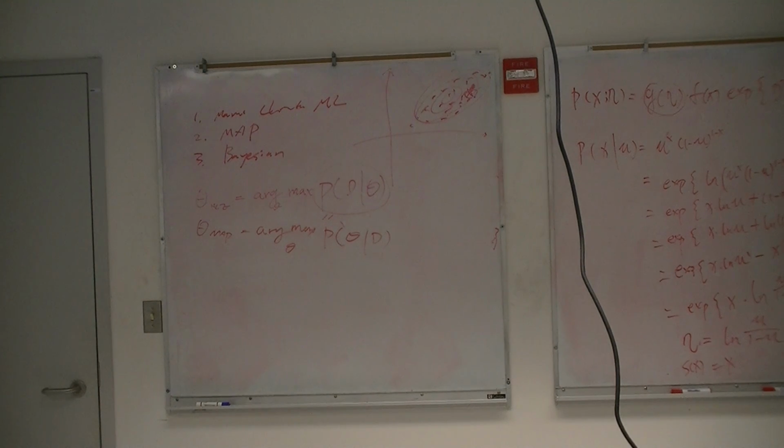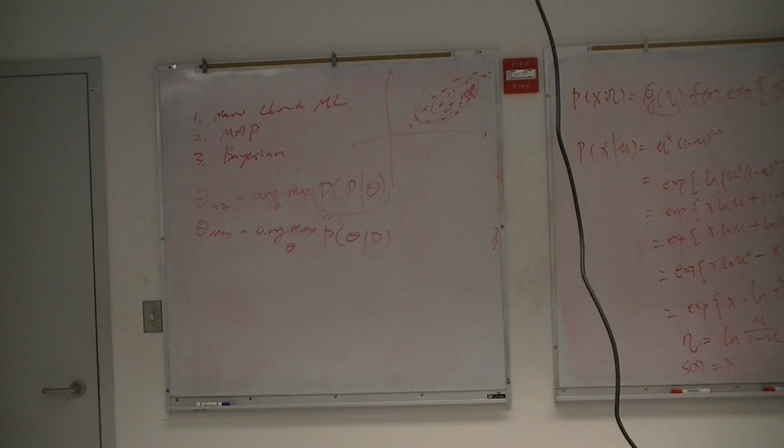We simplify this a bit by dividing both parts by the exponential eta. Then we finally get mu is equal to 1 over 1 plus exp minus eta.